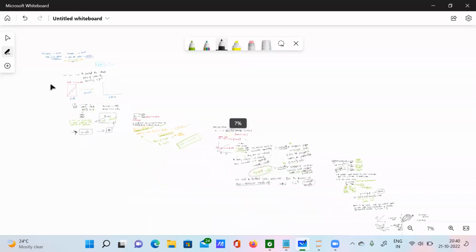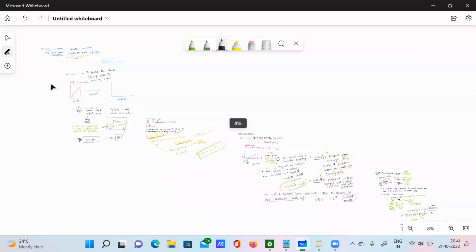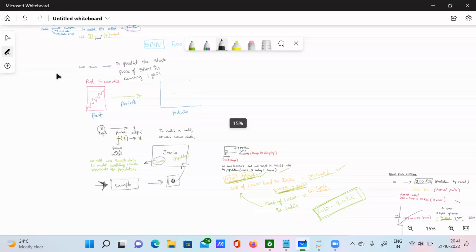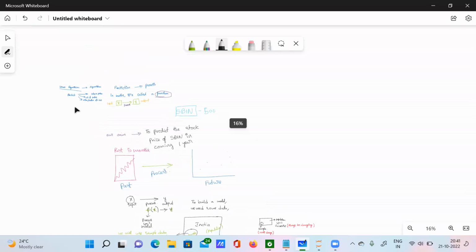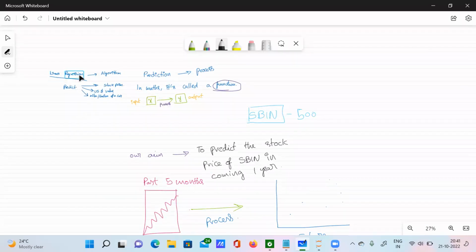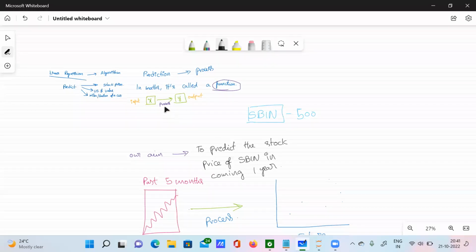I'll just recap once again. So this is linear regression, which is nothing but an algorithm. It actually predicts real numbers. It predicts the output in a real number format, right?